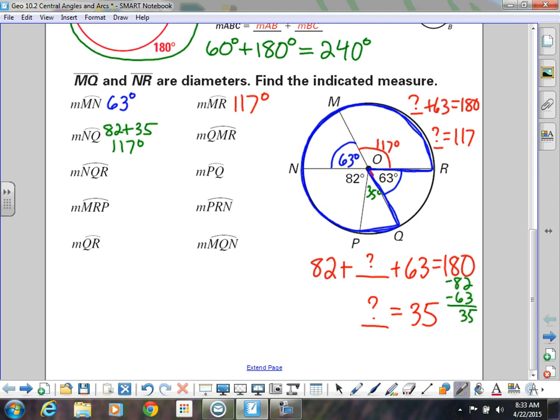So for QMR, I'm going to do 360 minus the 63 piece of pie, and that gives you 297. All right, NQR, let's trace that out. Oh, that's exactly half of the pie, so we know what to do for that. That means it's 180.